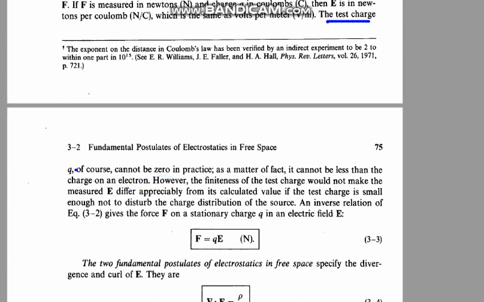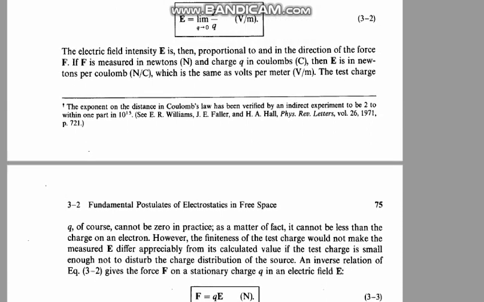As we can see in this equation, as Q tends to 0, that means it tends to 0, but charge cannot be 0 in practice. As a matter of fact, it cannot be less than the charge of an electron.